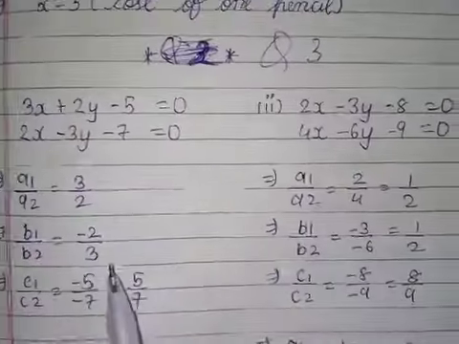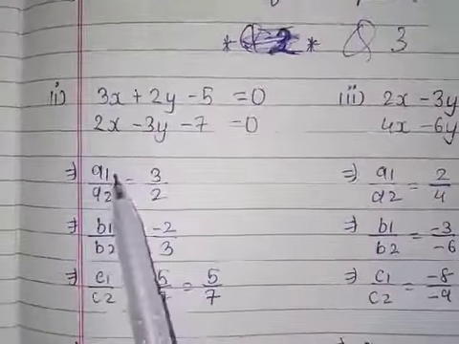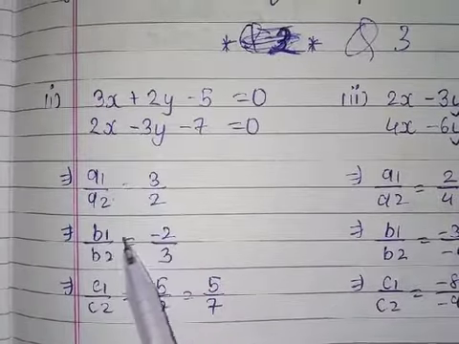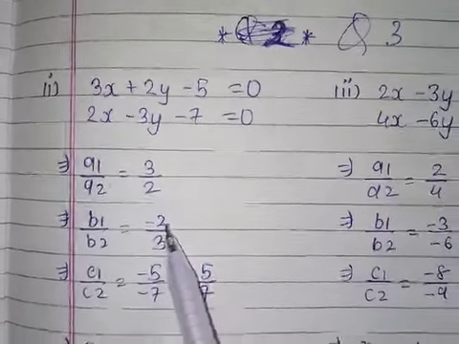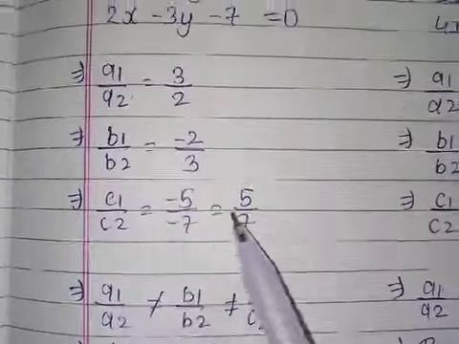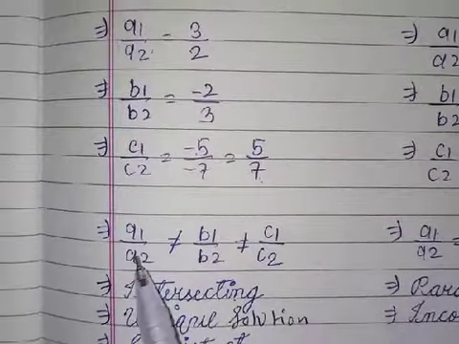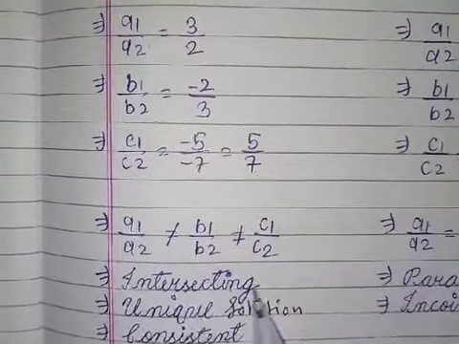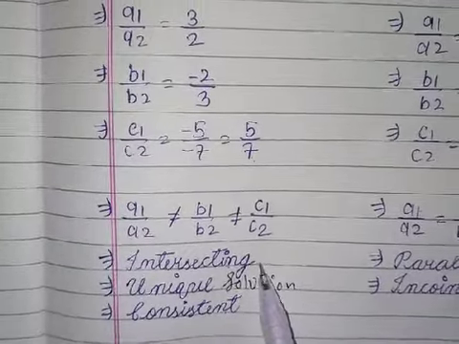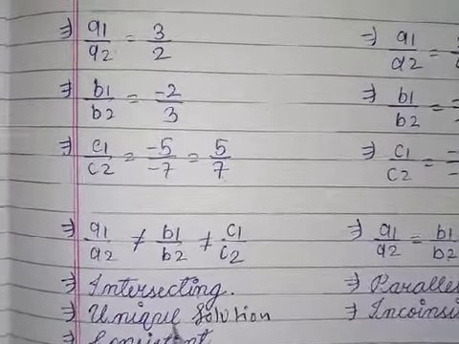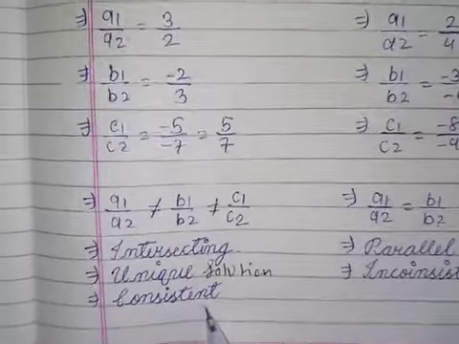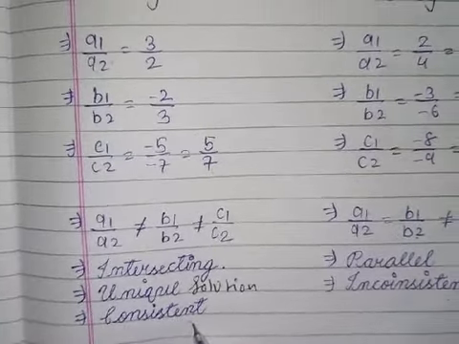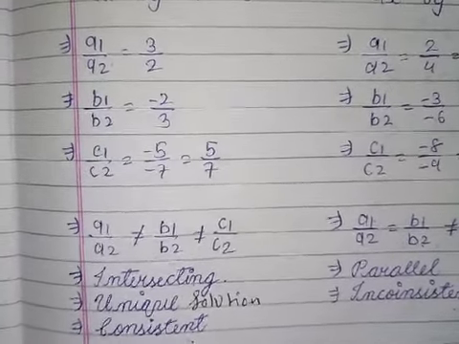So A1 upon A2 is 3 by 2, B1 upon B2 is minus 2 by 3, C1 upon C2 is 5 by 7. They are not equal, so they are intersecting at a point. Intersecting means there is a unique solution, and it is called consistent. We studied this chart.